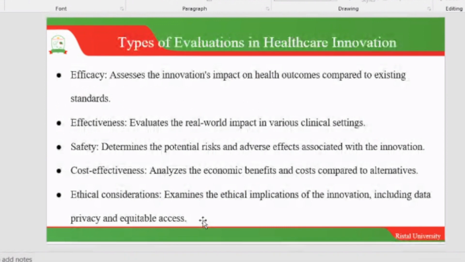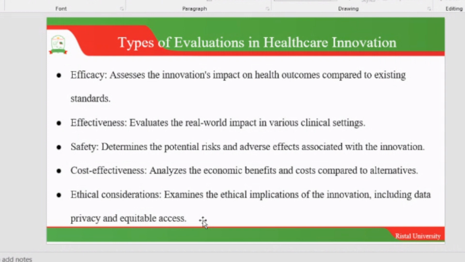But now, as we conclude, we need to see how we can evaluate whether our innovation in healthcare is working or not. So we look at aspects of efficacy, and in this case, we assess the innovation's impact on health outcomes compared to the existing standards. We are not going to say that since the innovation was brought into play and many people used it, that means that the innovation is good.